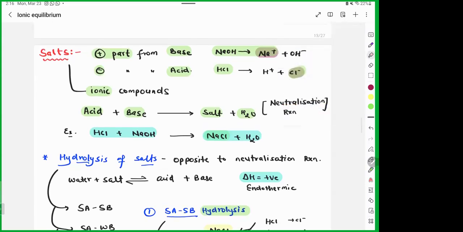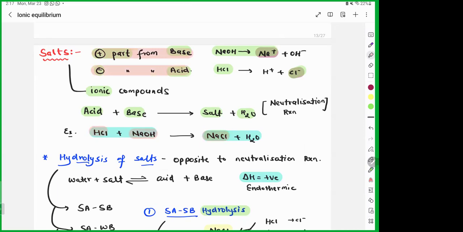So salt, we know, has two parts, positive and negative. Example, if you take NaCl, NaCl is a salt that comes from base NaOH and acid HCl. So we said salt's positive part Na comes from base, negative part Cl comes from the acid.